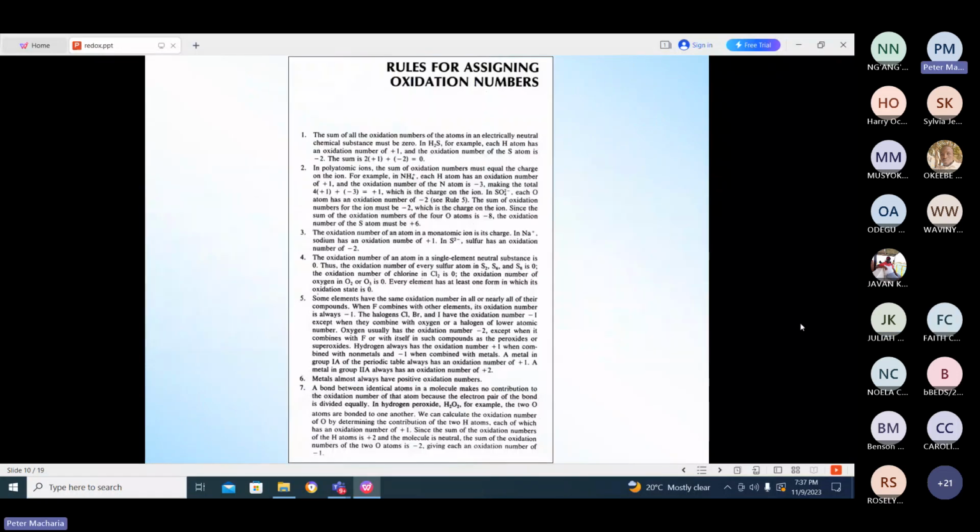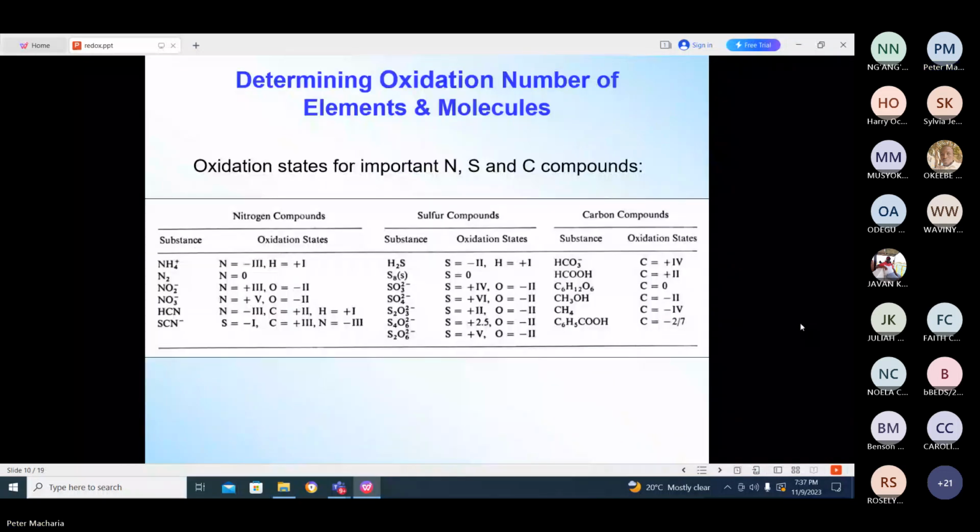So these notes are already in your e-learning site, other discussions, so you can go and look at this. So on Wednesday, we'll be able to complete redox and then start on something else in the evening.